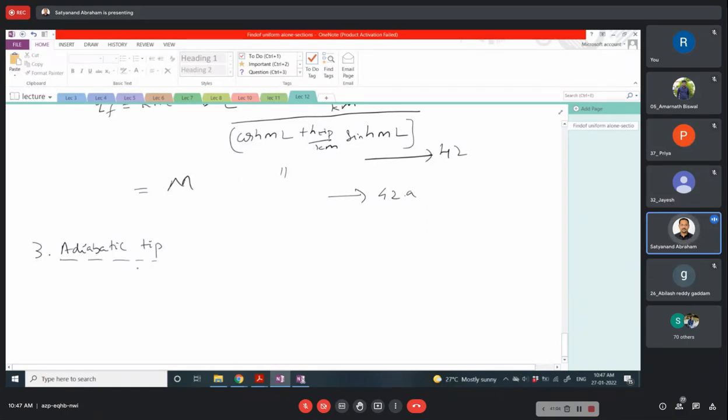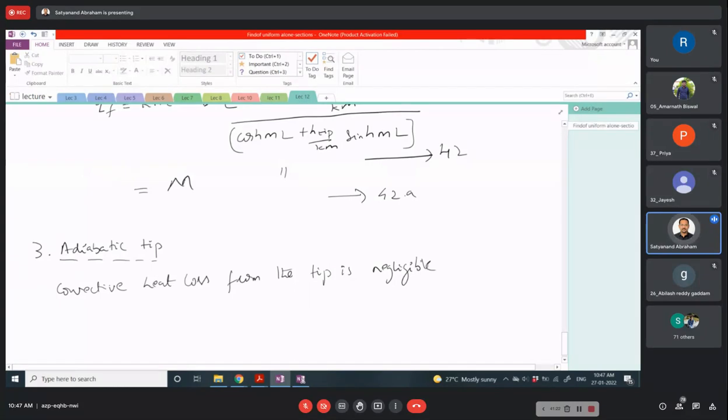So this is the adiabatic tip. What we are saying is that convective heat loss from the tip is negligible.